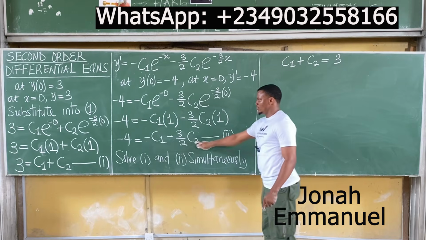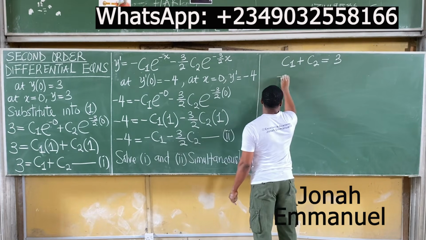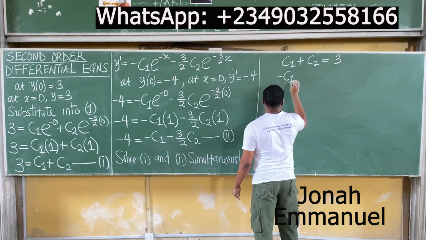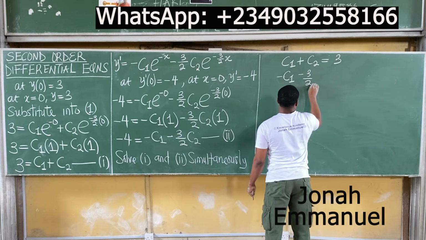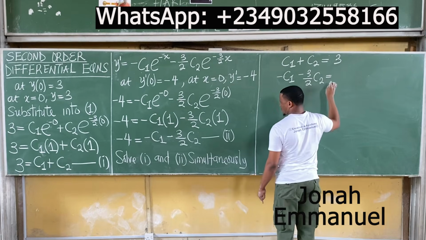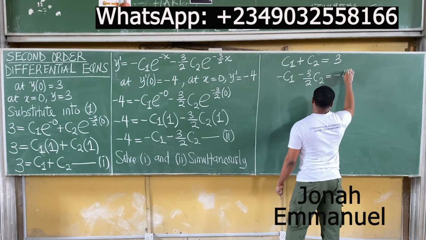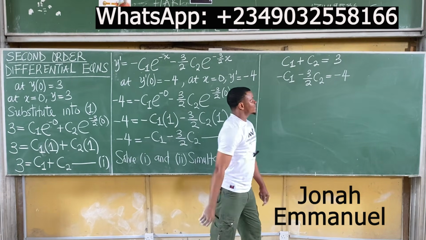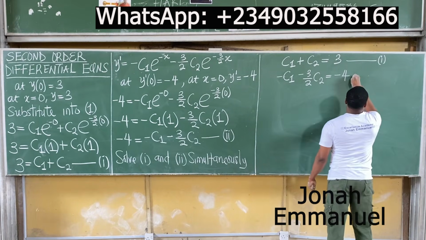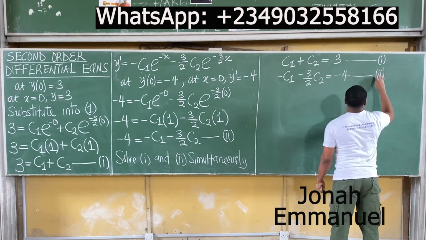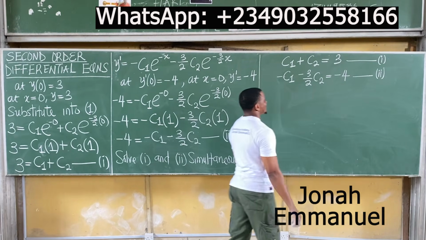For this one too, I can write that negative C1, this one here, negative 3 over 2 C2, it's equal to minus 4. All right, let's solve. This is equation 1, or I. This is I. This is II. Let's solve I and II simultaneously.